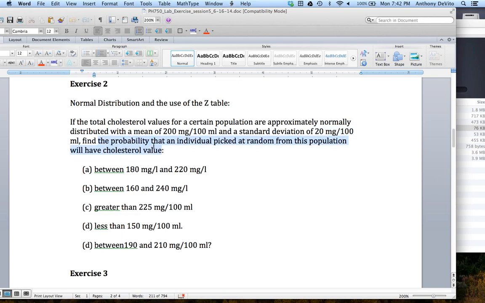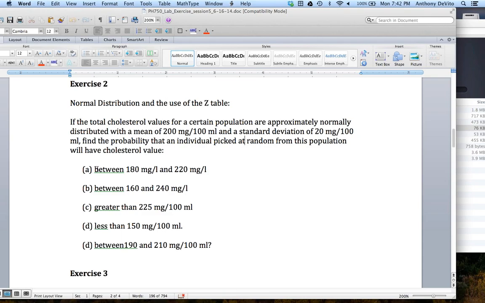Find the probability that an individual picked at random from this population will have a cholesterol value between 180 and 220. I can see just by looking at that, 180 is one standard deviation, 20, below the mean, and 220 is one standard deviation above the mean.